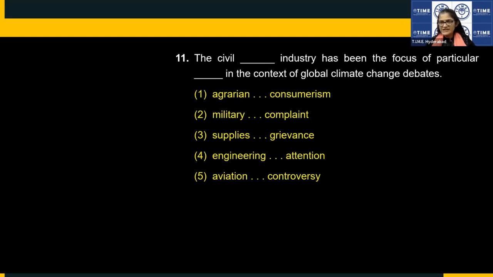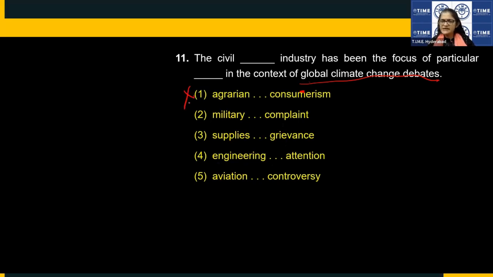The civil dash industry. What industries do you know? Civil aviation, civil engineering, okay, has been the focus of particular dash in the context of global climate change debates. So the context is this. Fine. The civil agrarian industry, you don't use these words civil and agrarian together, of particular consumerism.